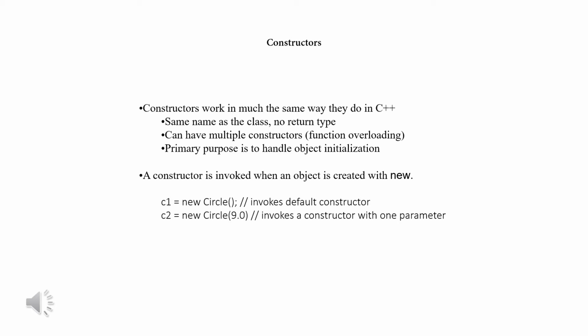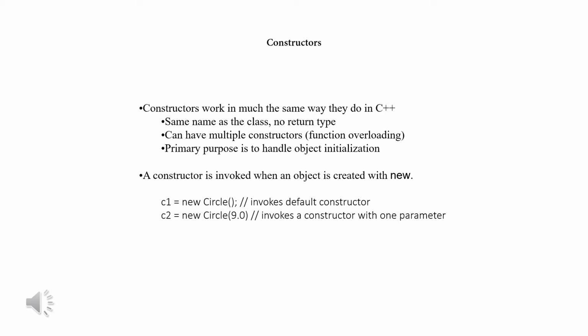So for example, in the class that we had in the previous slides, I defined one class, right? And the name of that class was Circle. If you see that class, it has 2 constructors, right? The first one is Circle. It has no parameter and returns nothing. The second one is, again, the same name, Circle.